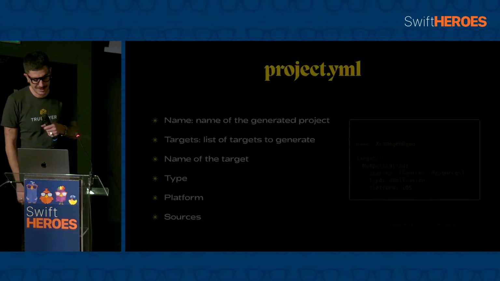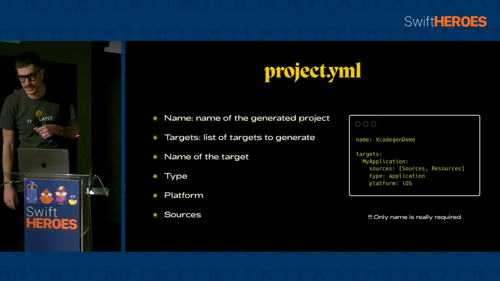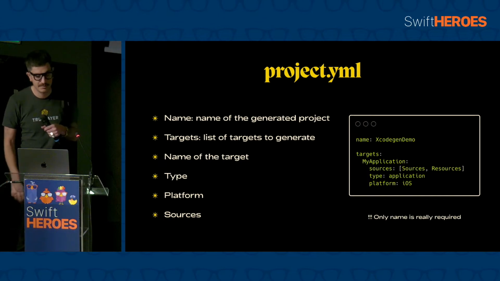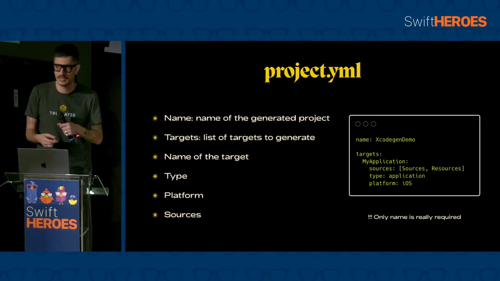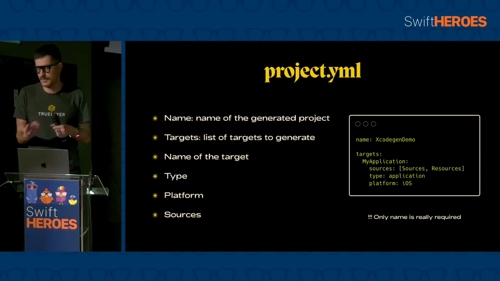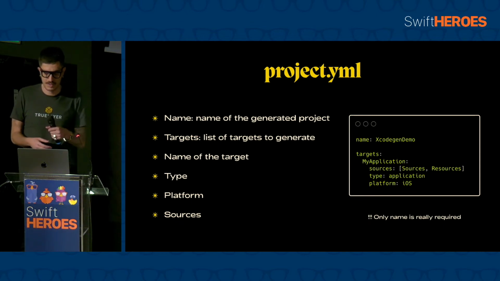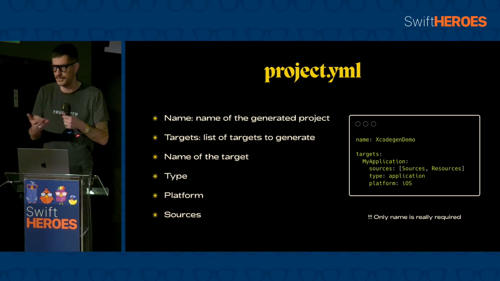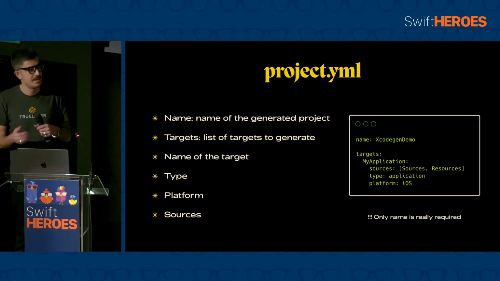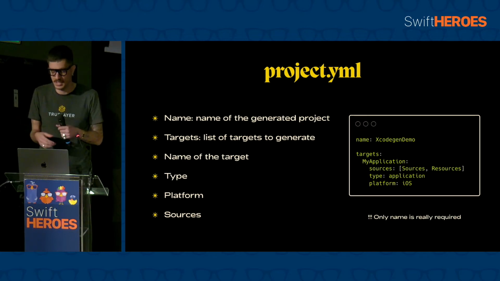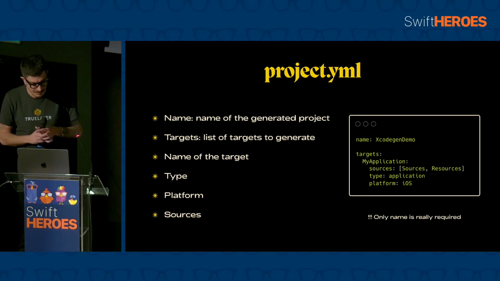So let's have a look at a simple project.yml. We start off with the name, which is the name of the project we're going to create. This is the only thing you need to have it running, but obviously you cannot do anything with it. So the bare minimum I thought we could need to have something to work with would be a target. Targets lists the set of targets that we have. We create one called MyApplication.